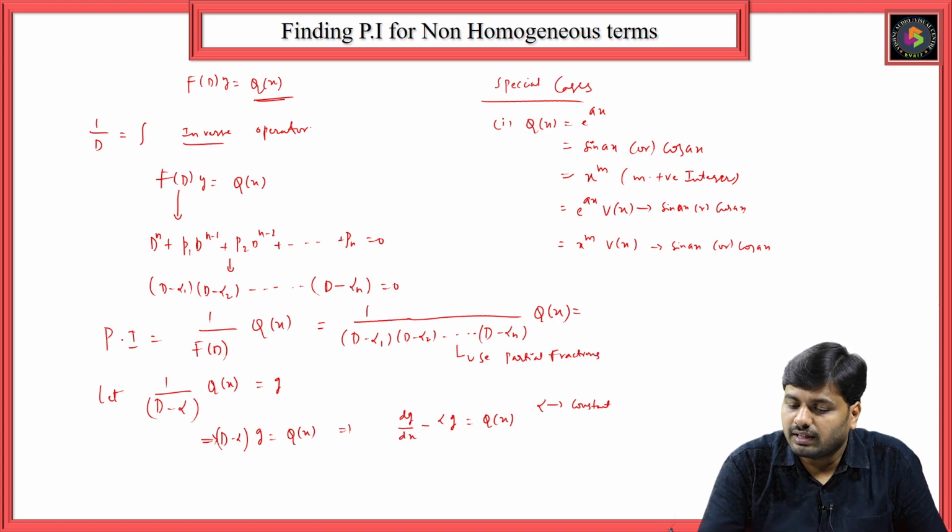So we'll write the partial fractions: A1 by (D minus alpha 1) plus A2 by (D minus alpha 2) and so on, up to An by (D minus alpha n) into Q of x.